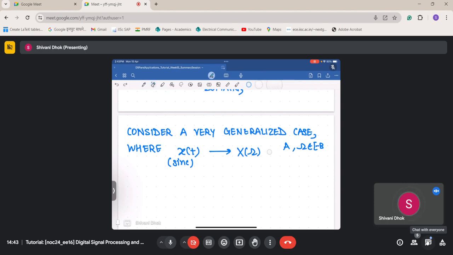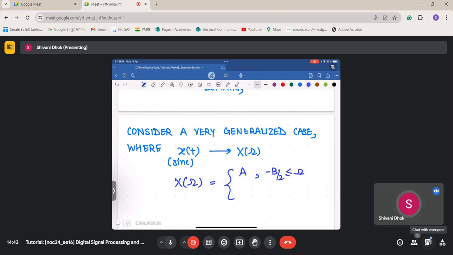So this x of omega is equal to a for minus b by 2 less than or equal to omega less than or equal to b by 2, and 0 otherwise.